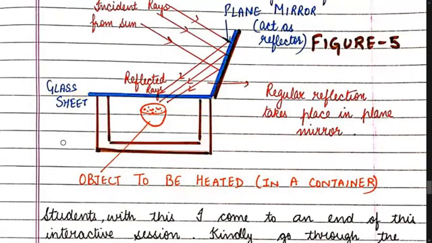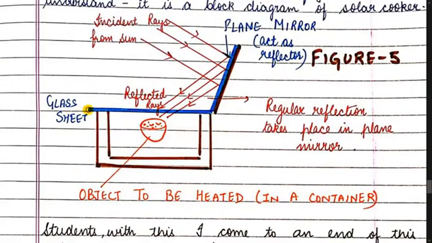So, at the top of the rectangular box, I have placed a glass sheet above the container to be heated. And the lid of the solar cooker is open. And on the lid at the top, we have placed a plane mirror. And this plane mirror acts as a reflector.